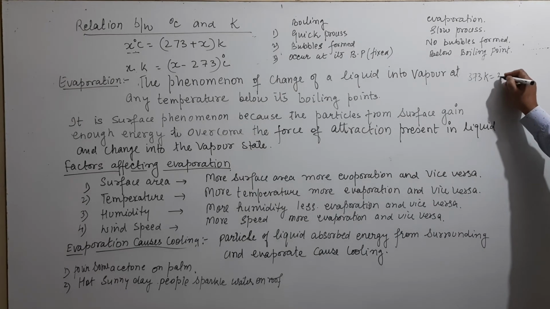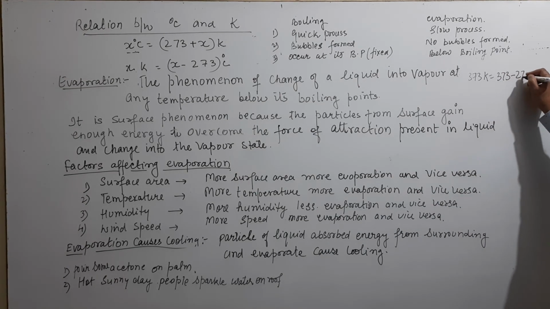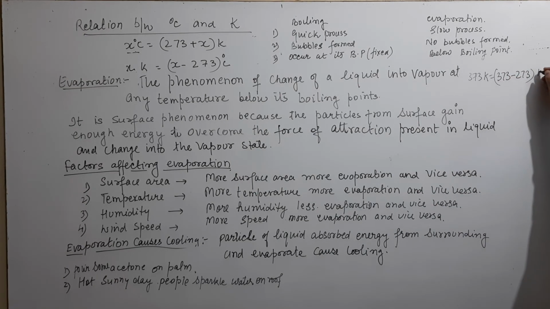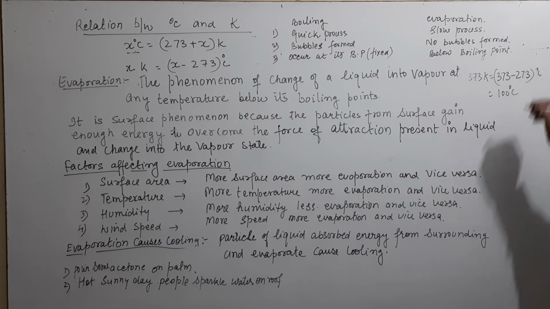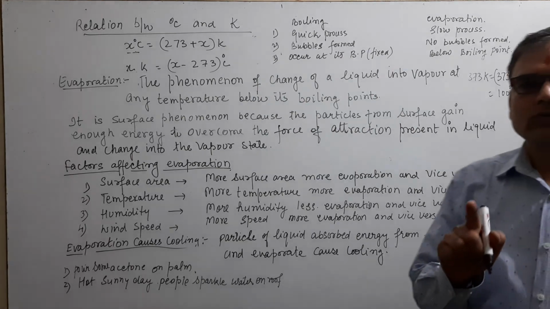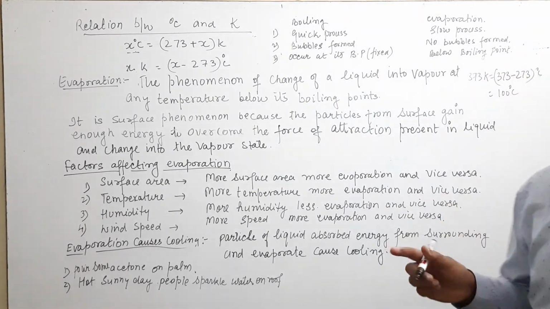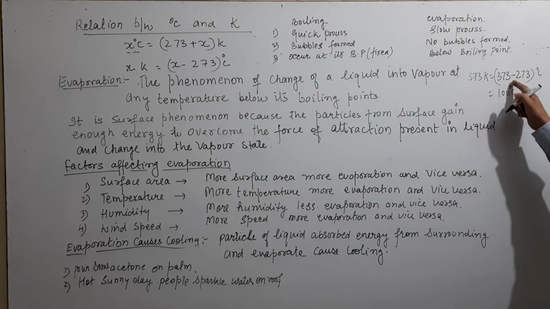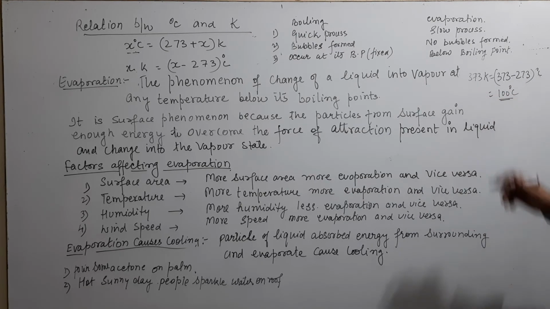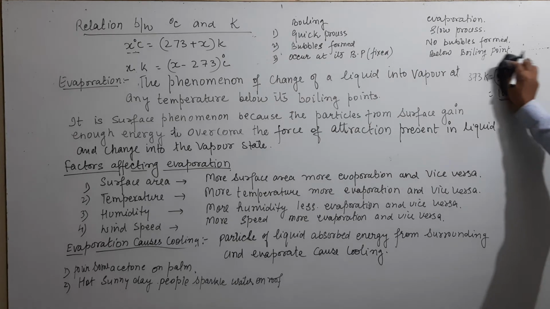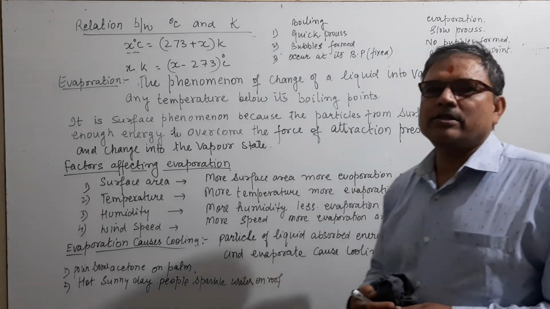Means 373 minus 273 Kelvin to Celsius is equal to 100 degree Celsius. To change Kelvin into Celsius, 373 minus 273 is equal to 100. Means 100 degree Celsius is equal to 373 Kelvin. So what is the result?